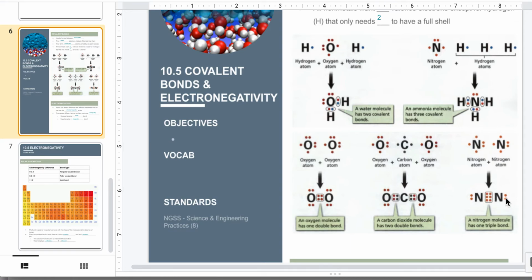So if we were drawing it in stick form, we would have a line here representing one pair, a line here, and then a line here. So three lines connecting these two nitrogen atoms. And so nitrogen has a triple bond. Okay, there's no such thing as a quadruple bond, just so that you're aware.